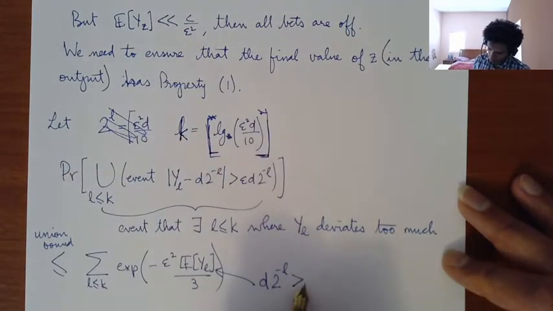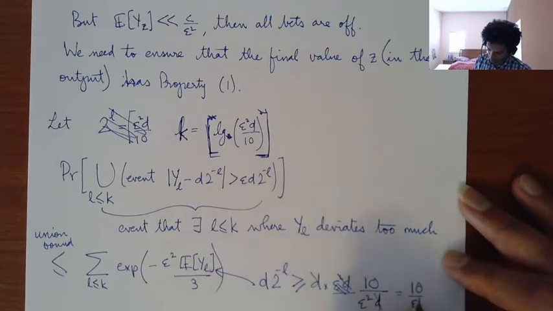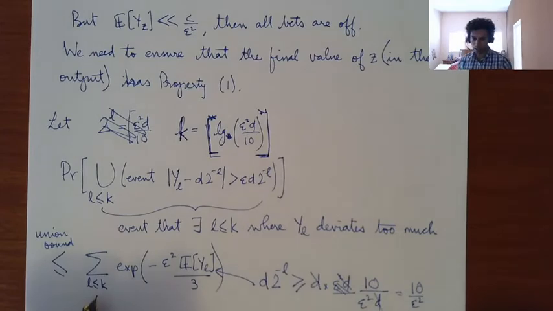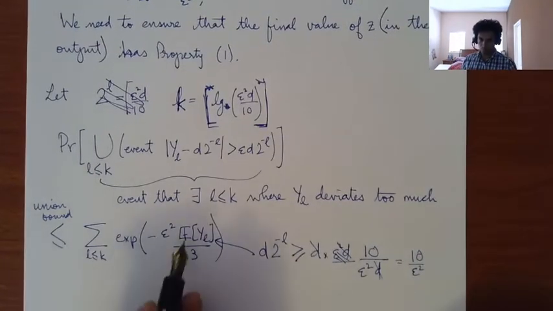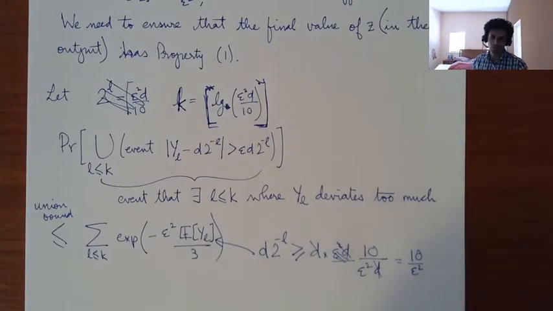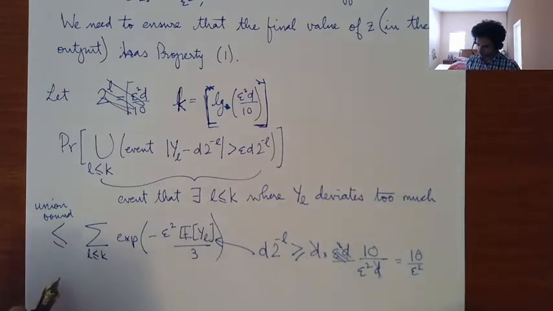So I can ensure that this is going to be at least d times 10 divided by epsilon squared d, which is 10 over epsilon squared. So for all L that are less than k, the expectation is at least 10 over epsilon squared. Is that clear?